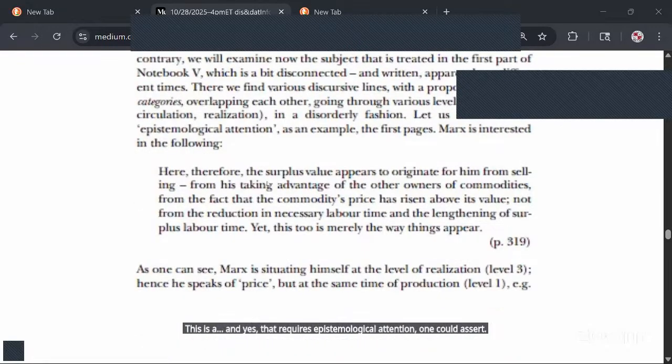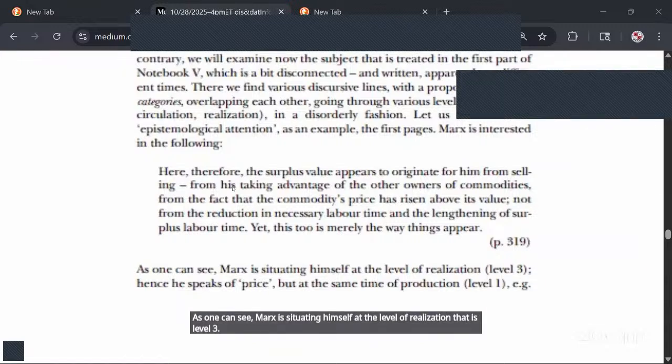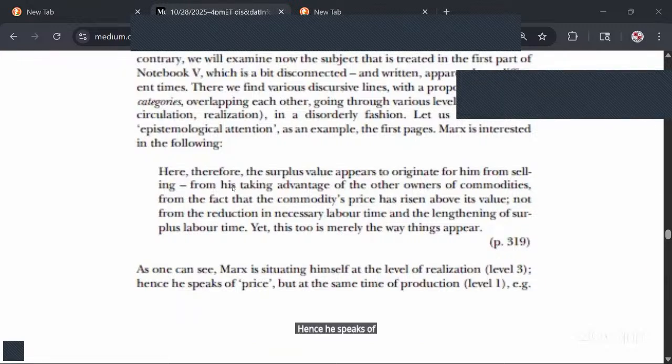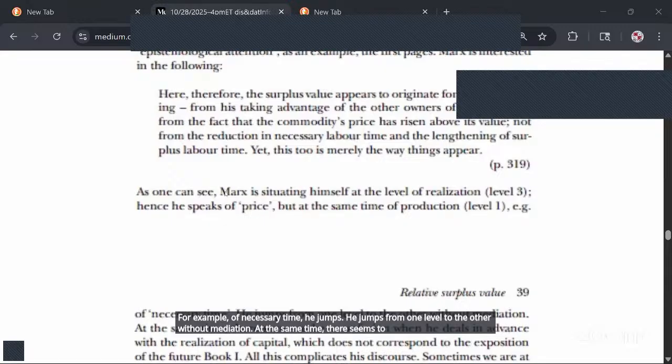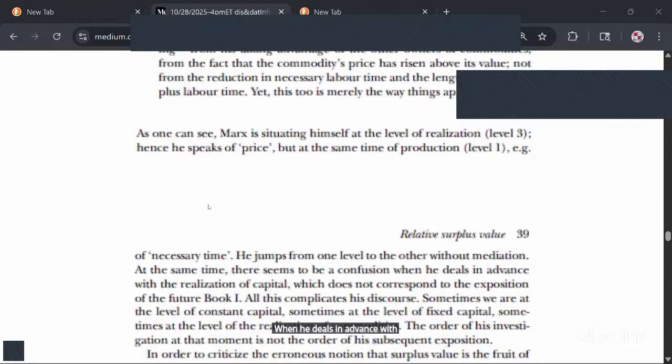As one can see, Marx is situating himself at the level of realization, that is level 3. Hence, he speaks of price. But at the same time, of production, that is level 1, for example, of necessary time, he jumps. He jumps from one level to the other without mediation. At the same time, there seems to be a confusion when he deals in advance with the realization of capital, which does not correspond to the exposition of the future book 1.